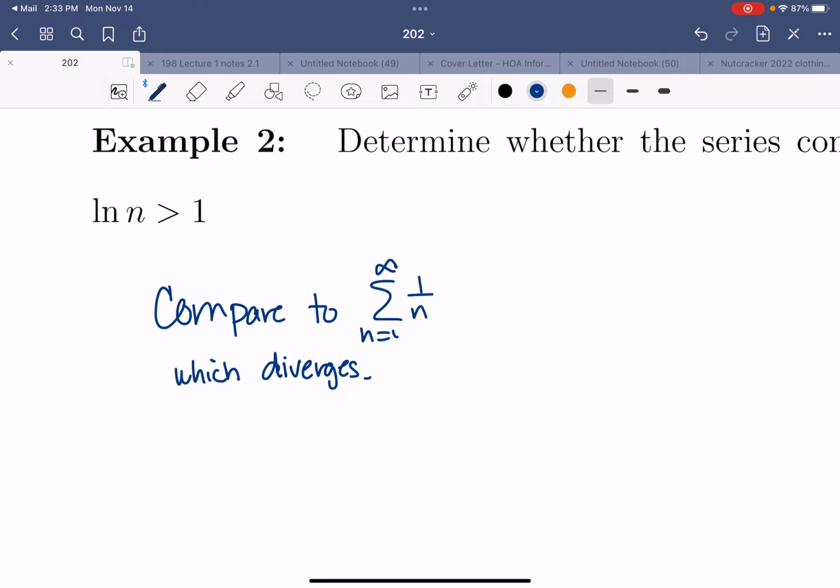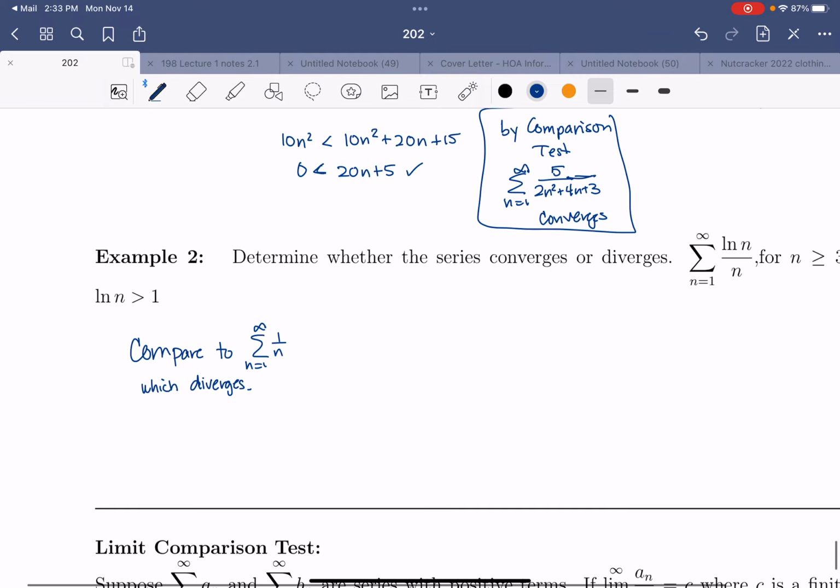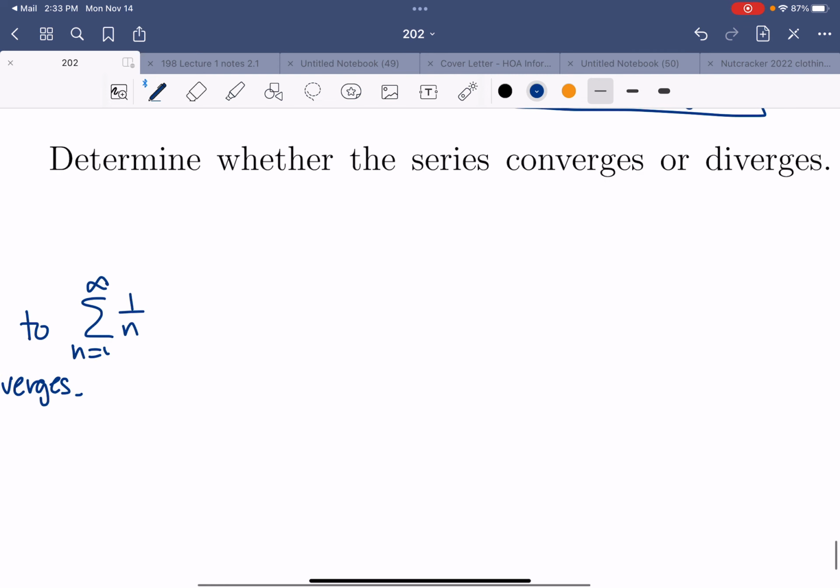Okay. Now, all we have to show then is that my series, the ln n over n, is greater than this one. So we want to state that ln of n over n is greater than 1 over n for all n greater than or equal to 3. And so if we multiply both sides by n, this is ln of n is greater than 1, and that's true when n is greater than or equal to 3.